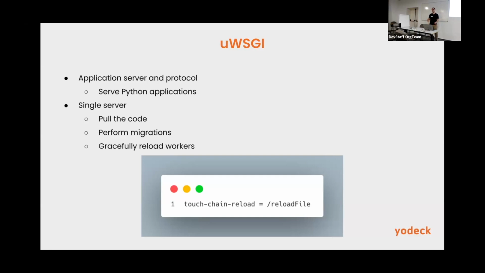You just log into the instance, you pull your code, you perform the Django migrations, and then you gracefully reload the workers. And actually, uWSGI allows you to do that easily by using this configuration value. If you touch this file, it will gracefully reload workers one by one.